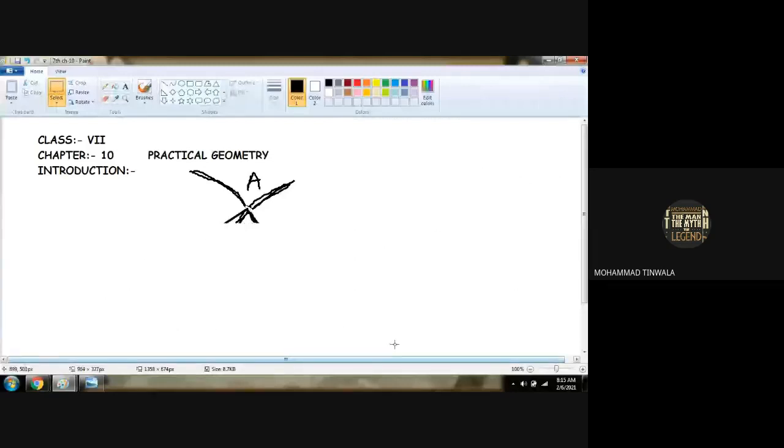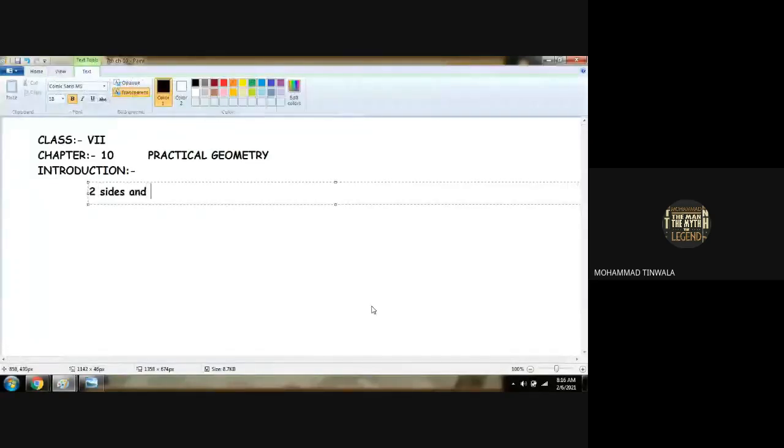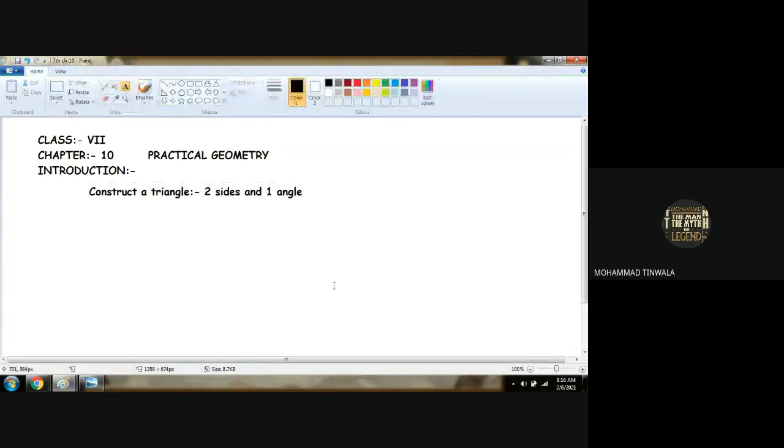How to construct a triangle when we have 2 sides and 1 angle. Construct a triangle when 2 sides and 1 angle are given.